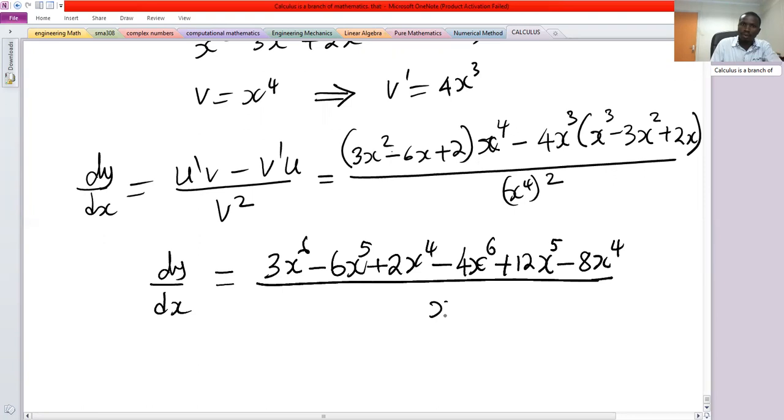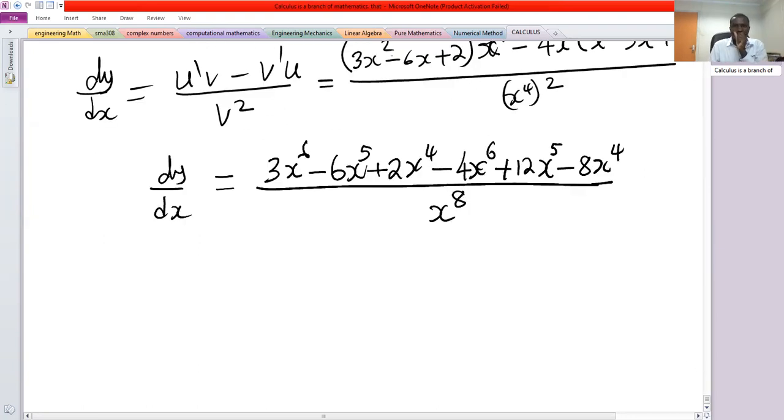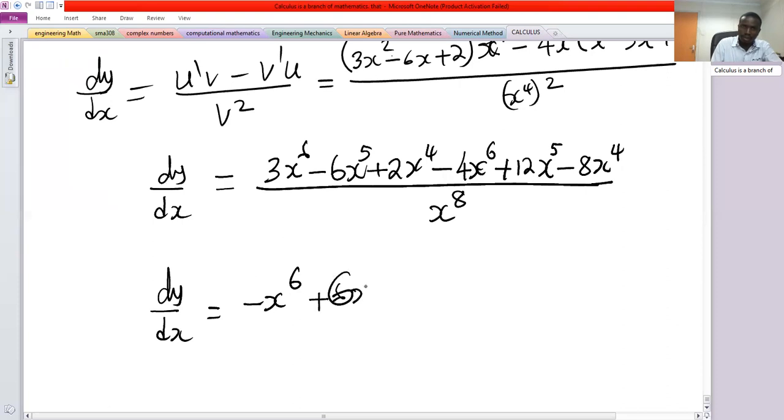This will be x power 8. So dy dx will be now minus x power 6, minus 6 plus 12 is 6, x power 5, and then minus 6x power 4 divided by x power 8.